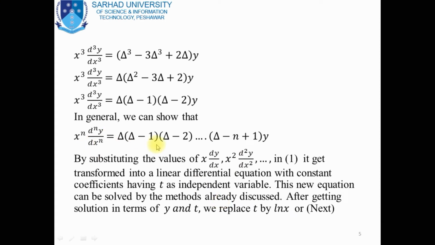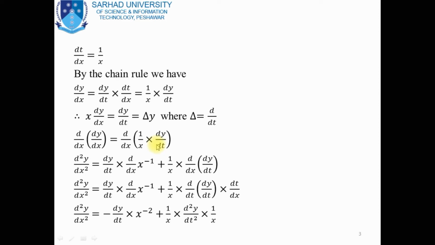And you see over here how to calculate the value of dy by dx, the value of x dy by dx, the value of x square d square y by dx square, and the value of x cube d cube y divided by dx cube. You see over here all these procedures.